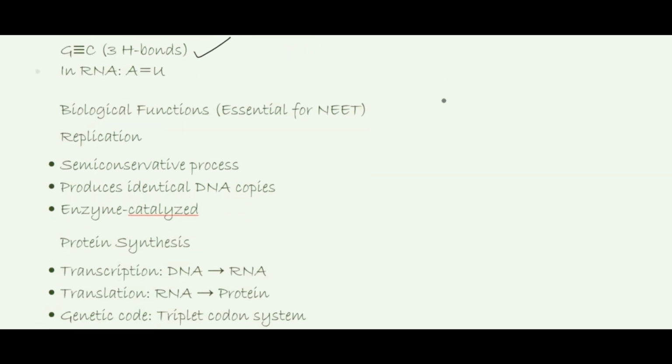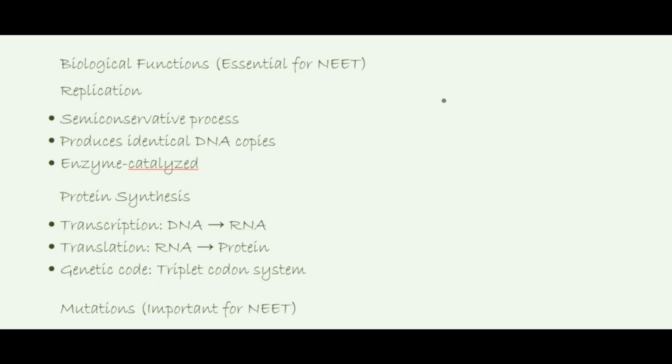Then, what are the biological functions it is doing? First, as I said, replication, DNA copies are produced, and then protein synthesis, transcription. Transcription is DNA to RNA. Translation is RNA to protein. In translation, the mRNA directs the protein synthesis by this process.